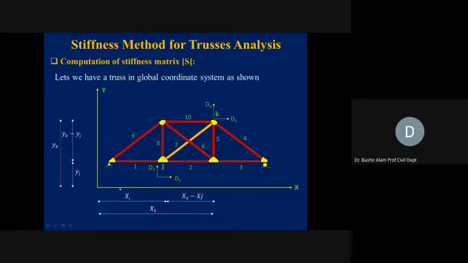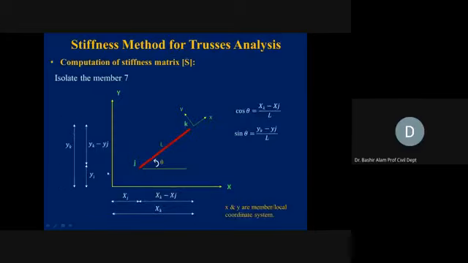Similarly, along the y-axis, the location of this J is YJ from the origin of this global coordinate system, and the location of this joint K is YK here. So the vertical projection of this member 7 is YK minus YJ, which is recorded here.